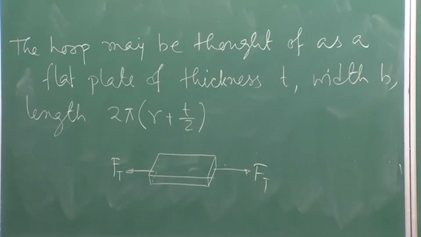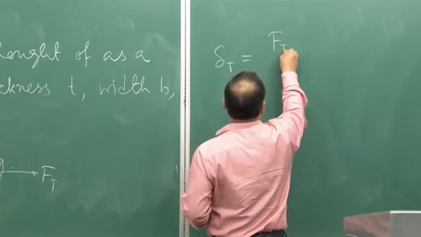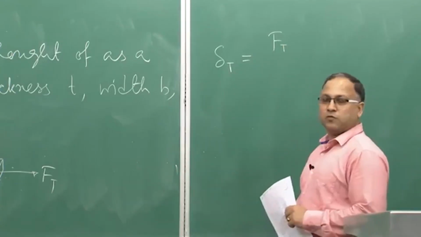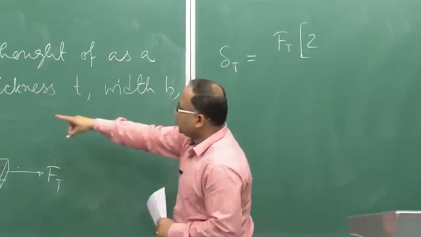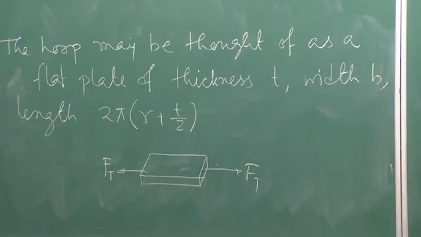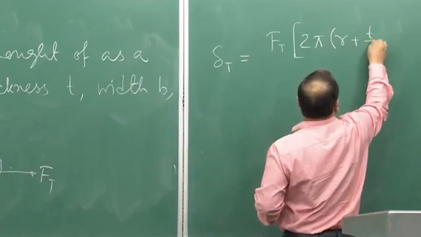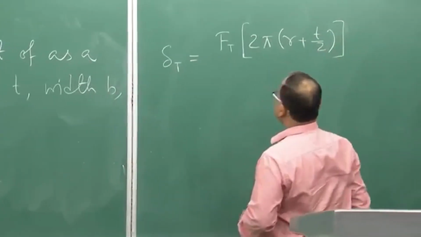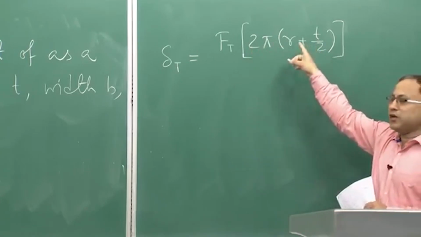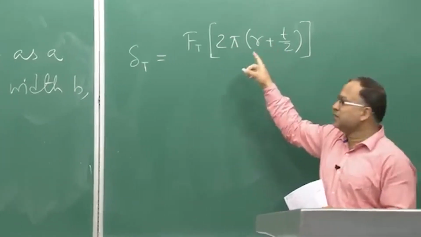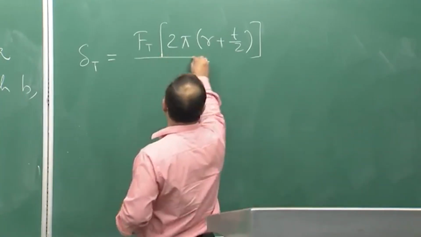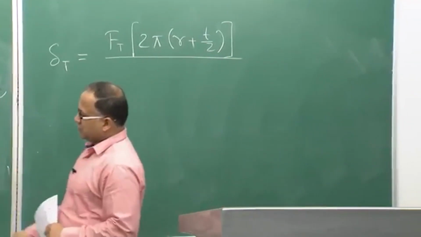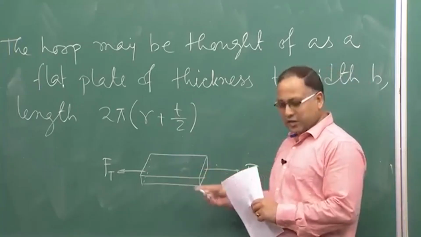That I am going to find out, and that is say delta t is equal to F t, that is the force, and what is the length? Length is 2 pi into r plus t by 2, that is L. So, this is your L, that is the length, and that is your force F t, divided by A. What is the cross section? Cross section is B into t.